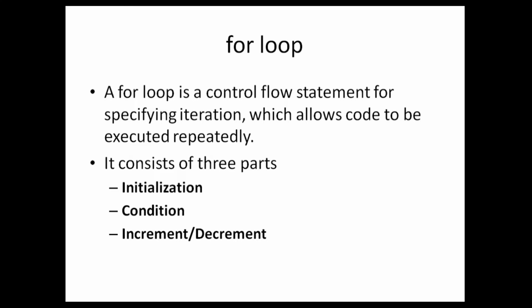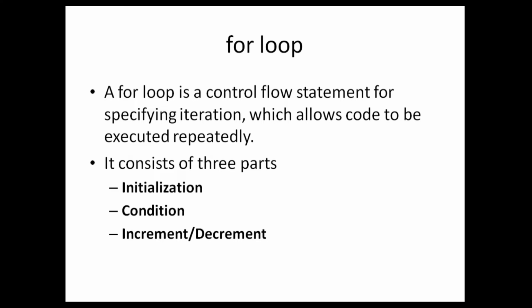Initialization is where we wanted to start our execution, condition is how long we wanted to go, and increment decrement is how we can reach the end position. So if we wanted to go from 1 to 10, we'll go for increment because we are increasing our value, and if we wanted to go from 10 to 1, we'll go for decrement.